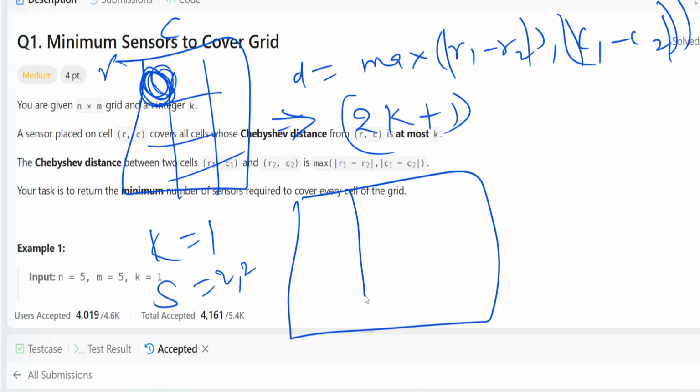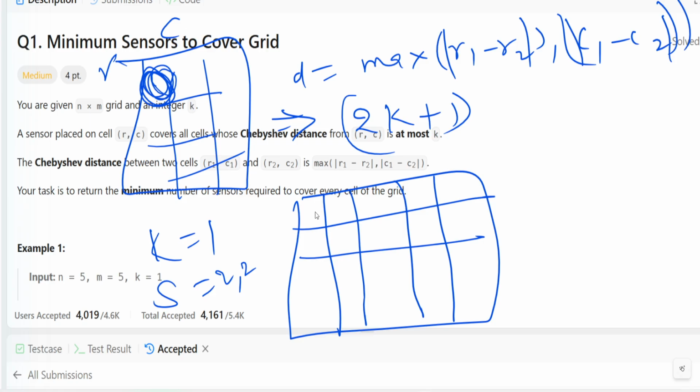I'll take a grid like this, divided into 5 by 5, and let's suppose these are nothing but dots. So this is also a dot, and like that we will divide it into 5.